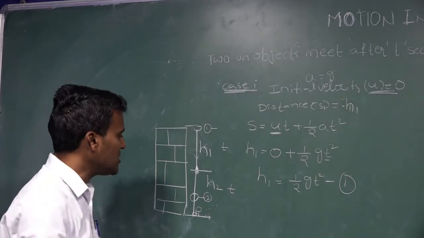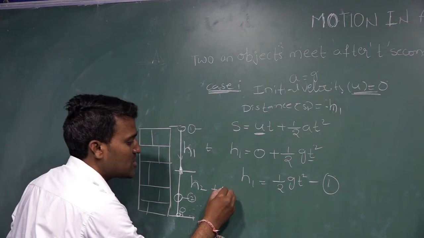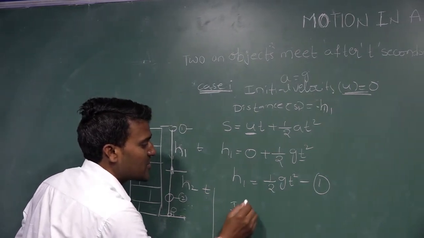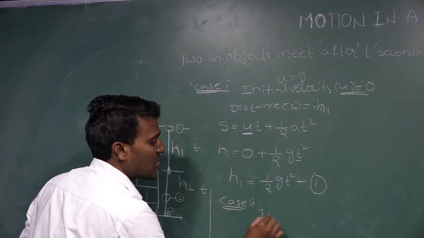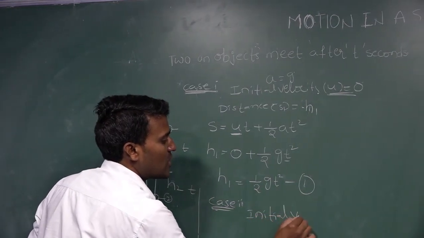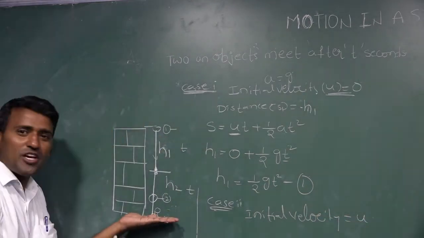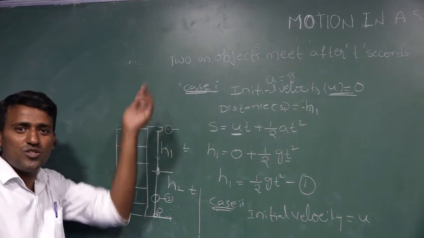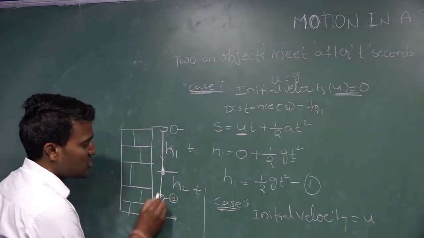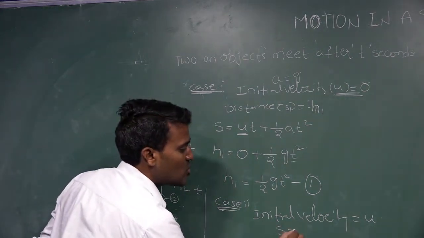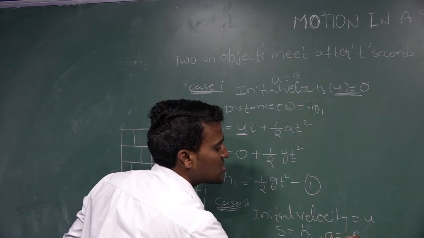In the next situation, the object is projected upward. In case 2, when the object is projected upward, the initial velocity is u, because without giving any velocity the object cannot go. So there is an initial velocity. Now how much distance does it travel? s is equal to h2. Acceleration is equal to minus g.